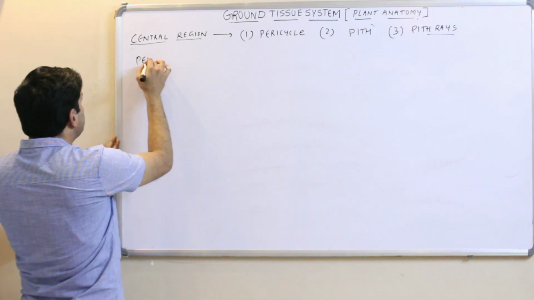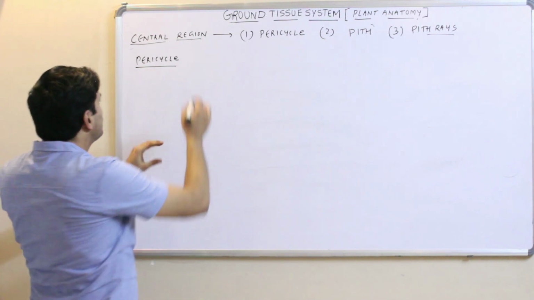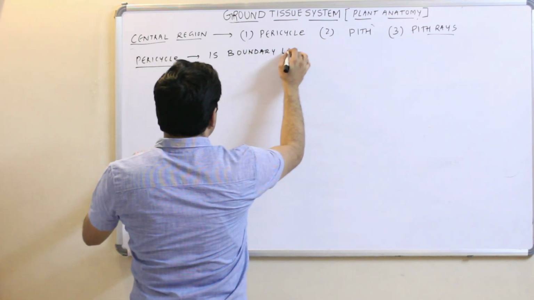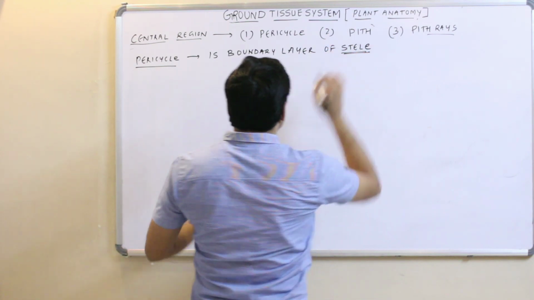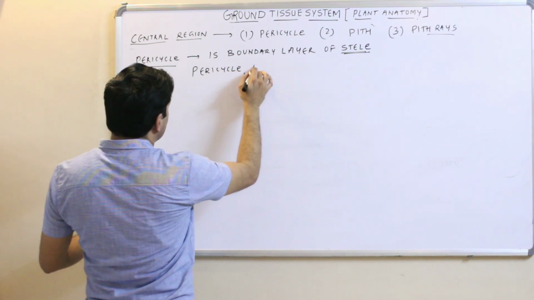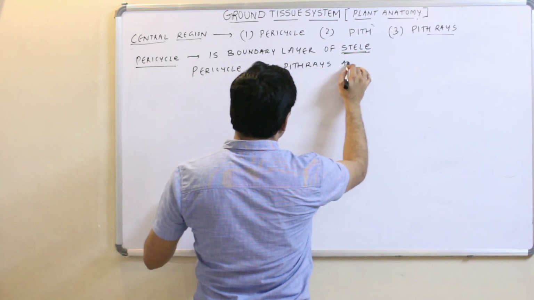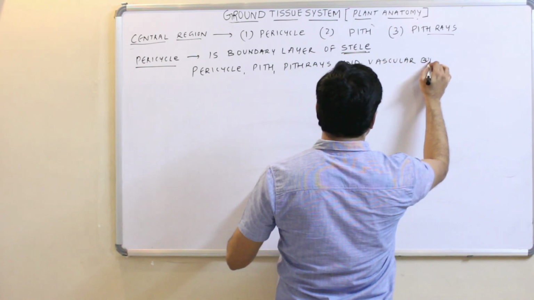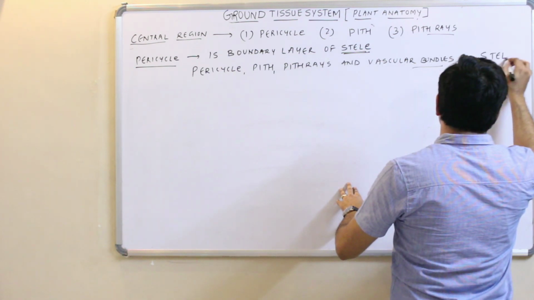Now let's start with pericycle. Now pericycle is the boundary layer of stele. Remember this thing: pericycle, pith rays, and vascular bundles, all are included in stele.